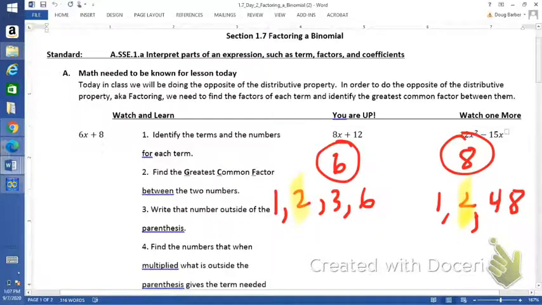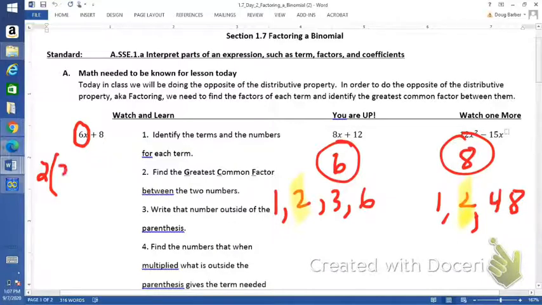Okay, moving on to step 3. Write that number outside parentheses. So I write the 2, I put a left parenthesis, and now in part 4, find the numbers that when multiplied by what is outside the parentheses give the term needed. So what this means is 2 times what number gives me 6x?